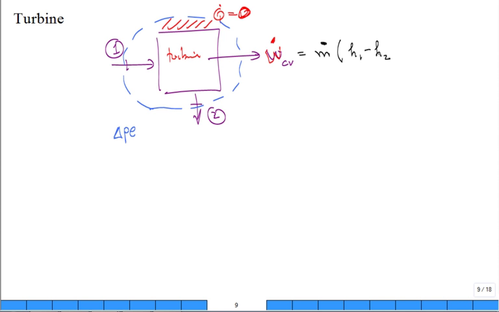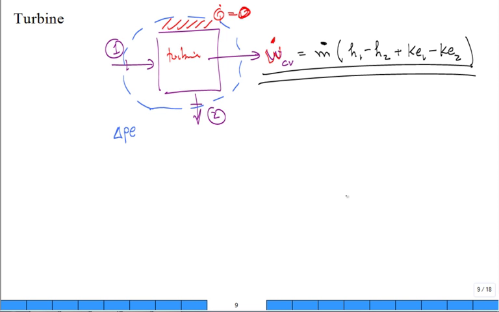It comes primarily at the expense of the difference in the enthalpy. And if you had a change in the kinetic energy, a lot of times that's small, so it's neglected. But if you included it, it could come in fast and go out slow. And so it would be a change in the kinetic energy there. But that's the energy balance for that open system around a turbine.